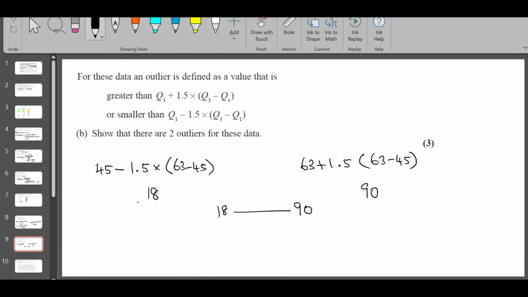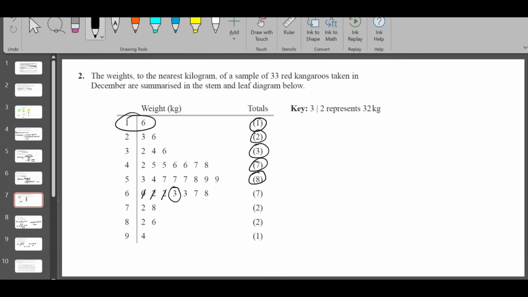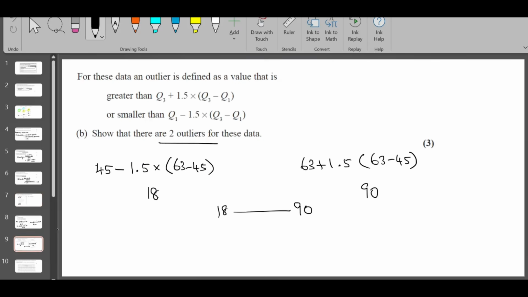So they want us to show there are two outliers. Let's look at the stem and leaf diagram. 16 is smaller than 18, right? So that's one of the outliers. And then 94 is bigger than 90. So you can write: 16 is smaller than 18 and 94 is bigger than 90. Therefore 16 and 94 are outliers.